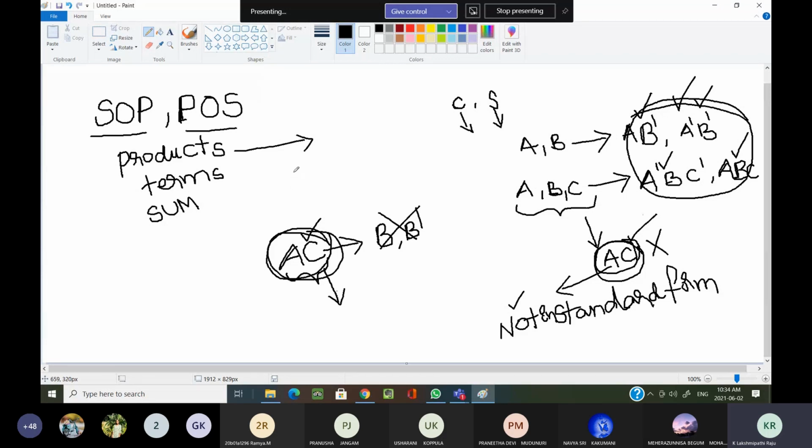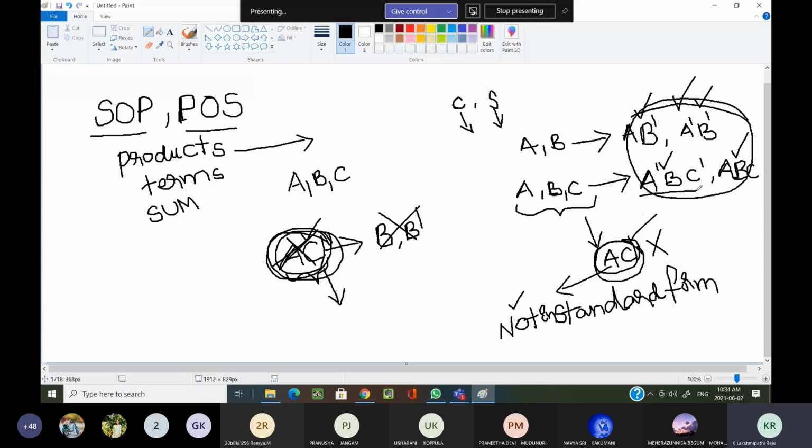The expression contains a minimum of three variables. I don't know about the fourth variable. Because by seeing this AC, I know that definitely B should be there in the given expression. But B is not presented here. That we are not considering as the standard form.